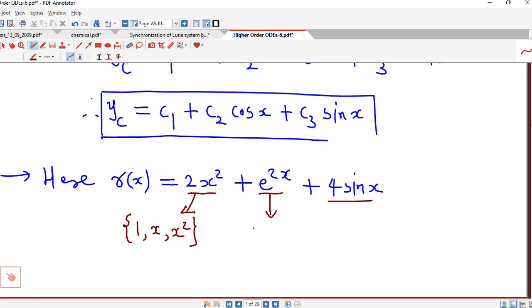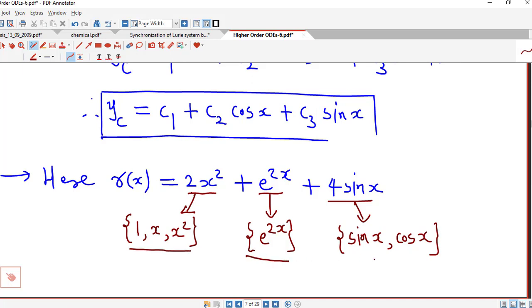The family of derivatives corresponding to e raised to 2x is e raised to 2x only, and the family of derivatives corresponding to this sine function is sin x, cos x. And the family of derivatives for this addition is nothing but the union of all these families. But before taking the union, we have to check for each family whether any member of the family is present in the complementary function or not.